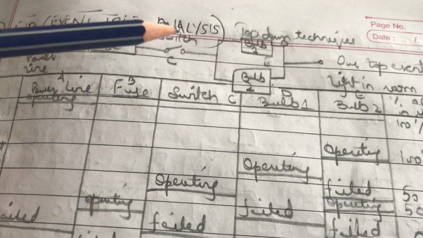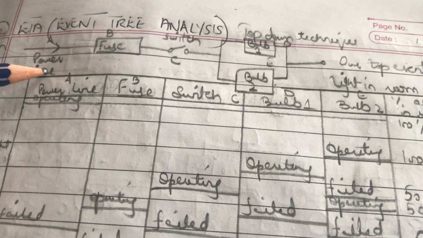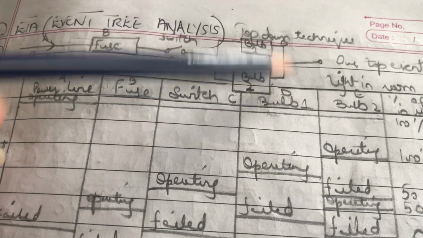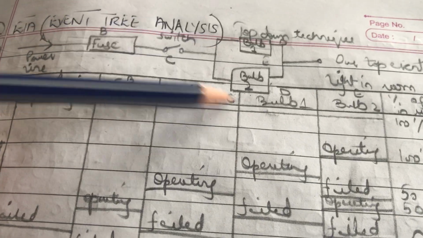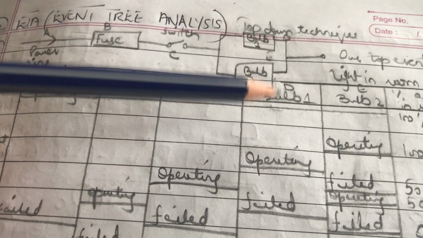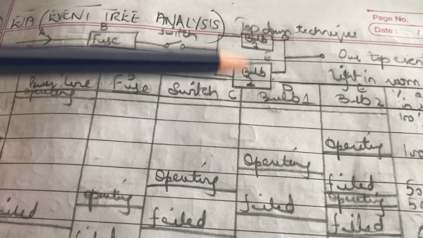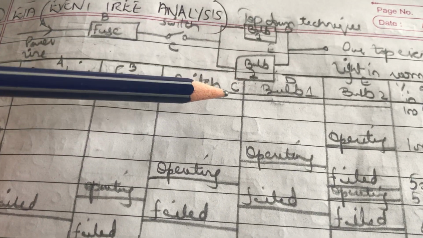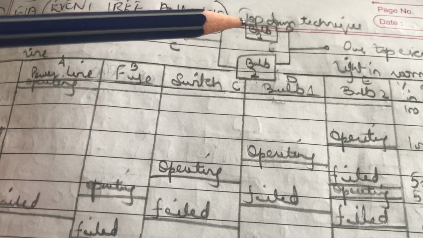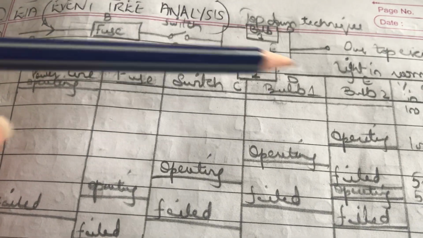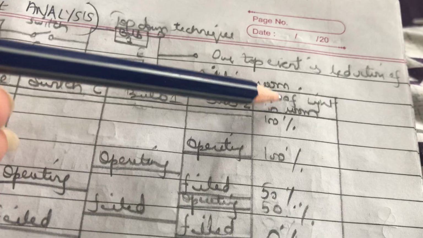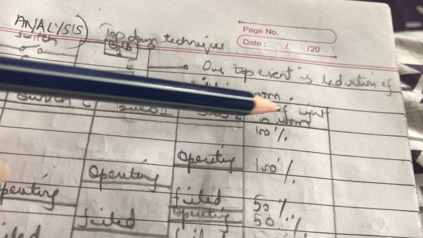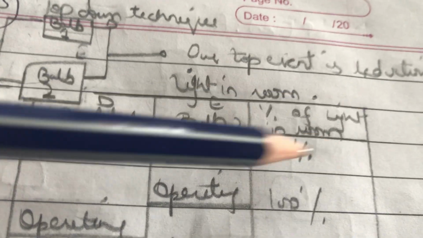We are going to see, when they fail or operate, what the consequence would be, what the effect on these bulbs would be, and how the light in the room is going to be. Either both bulbs will be operating, or either one operating, or both fail. So what would be the percentage? Our top event is the percentage of light in the room.